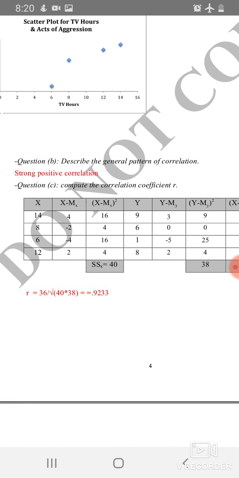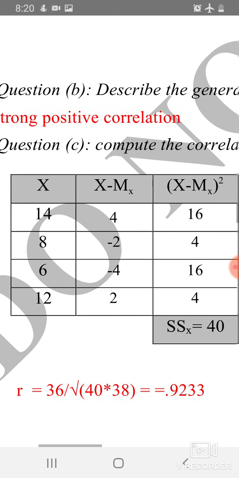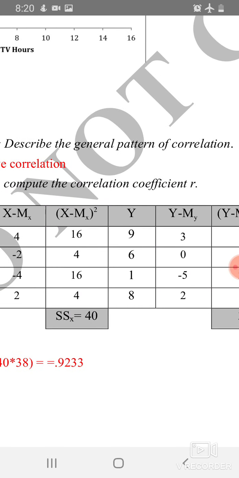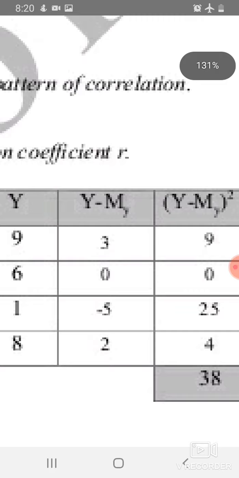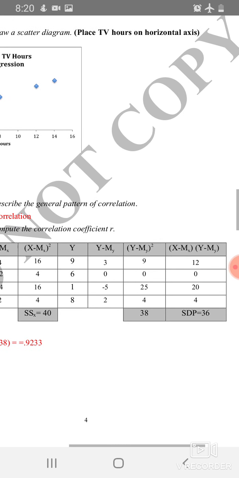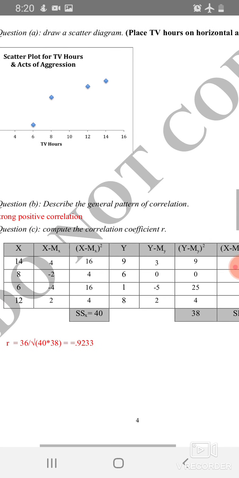So let's say for the first child. The first child's deviation score from the mean is 4 for variable x. For variable y, it's 3. So 4 times 3 is 12. Same thing for the second child.